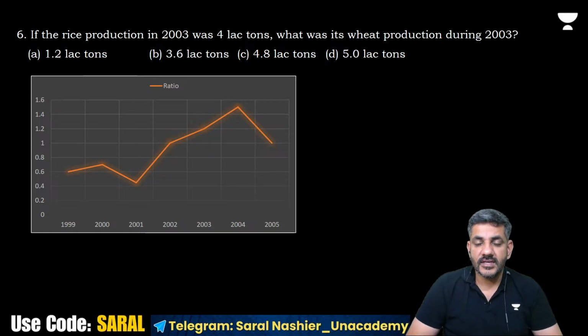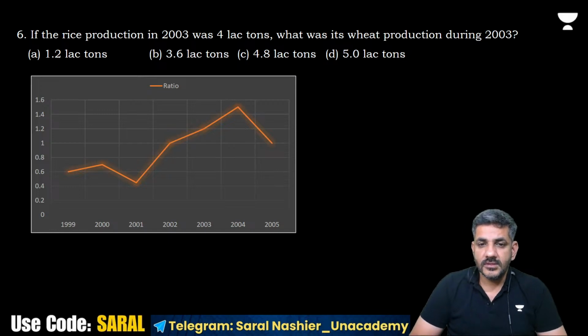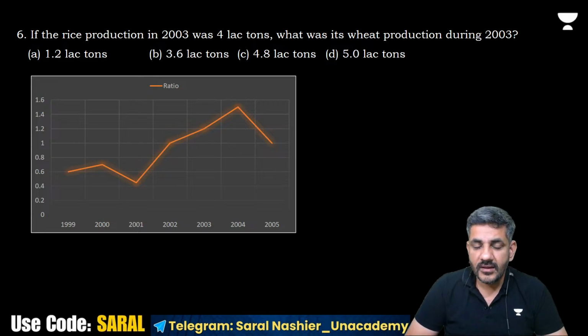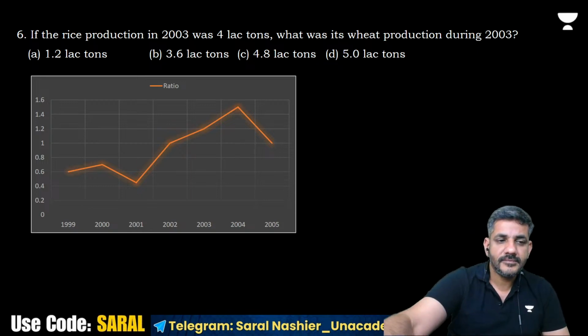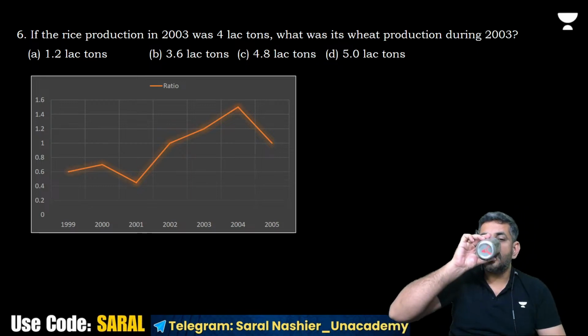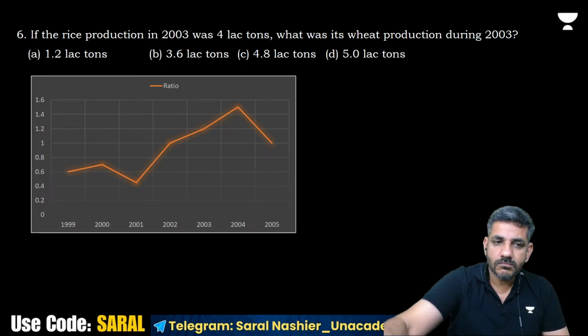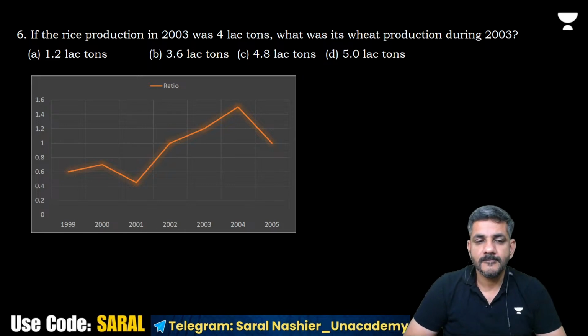Shibam has got the answer as C. Sahil, Ayush, Sakshi, Mayuri, anyone else? Sakshi has got the answer as C. Great. Two people have answered already. They have answered as C. Ayush has answered as C.